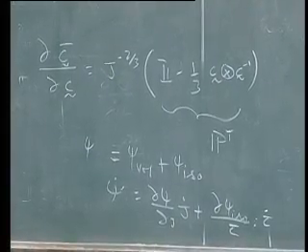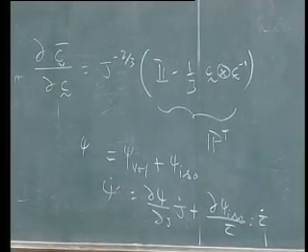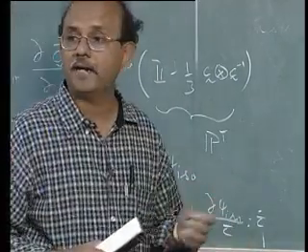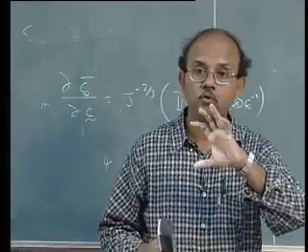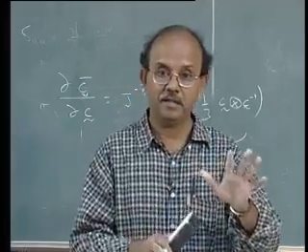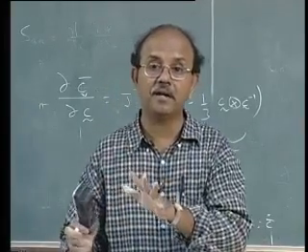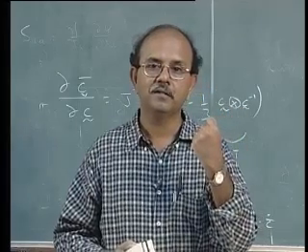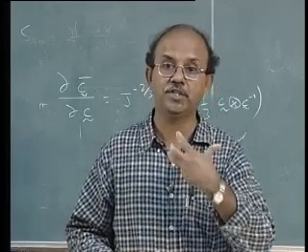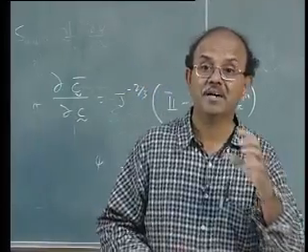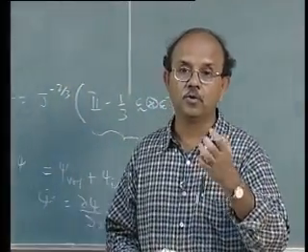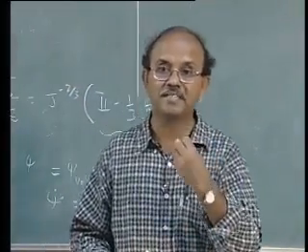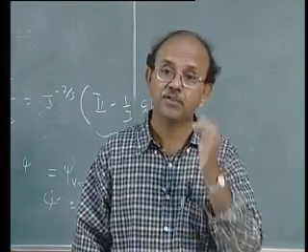Why are you using C bar here? Because please note I had split C into two parts, one is C and the other is C bar. What is C bar? I have removed from C the volume changing part, because we are talking about compressible materials. So I have removed that part, and C bar now represents the isochoric part.